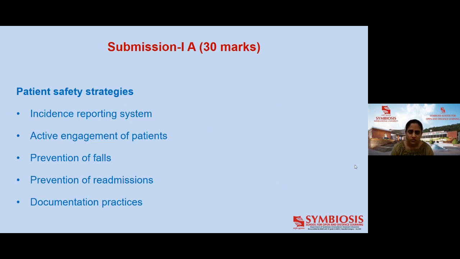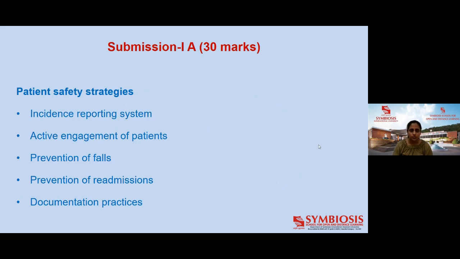So, whatever the reasons are for readmission, you have to write them. Then documentation practices, how your documentation practices should be. Documentation typically reports why the patient was seen, what was done, what was found, and what was recommended, in a way that justifies the assignment. So, what are the procedure codes?